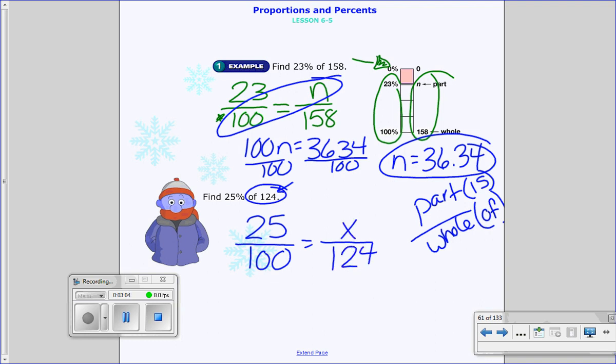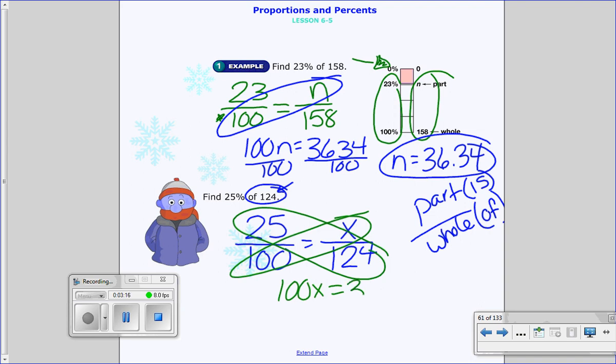So then you solve. 100 times x, and then 25 times 124. And you get 3,100, divide by 100 on both sides, and you get 31. So 31 is 25% of 124.